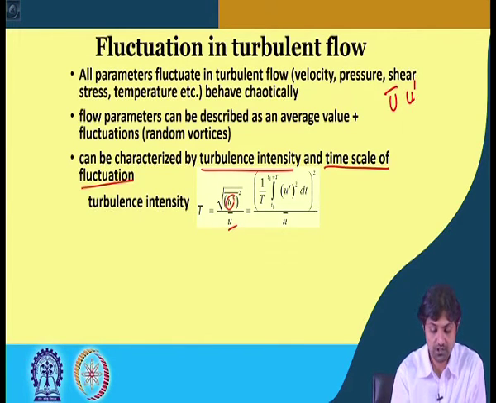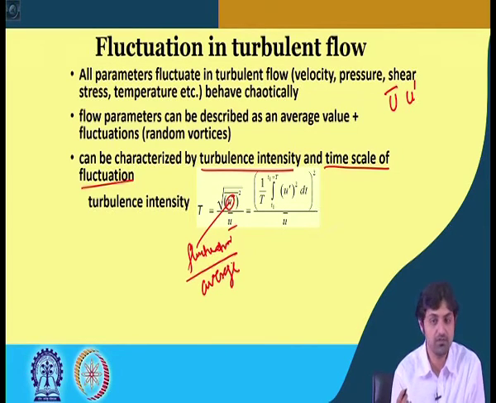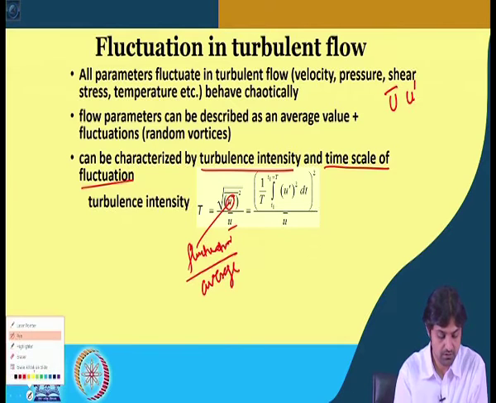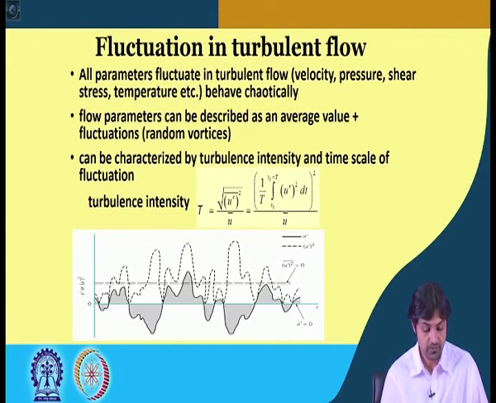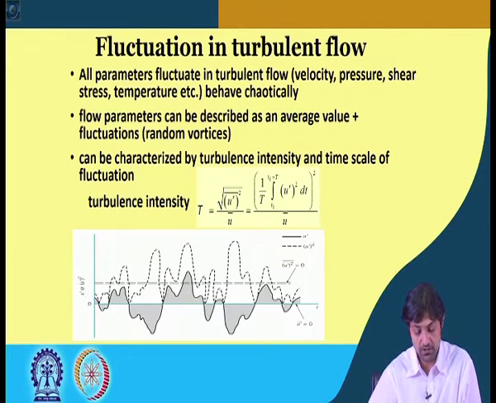So you see here it is the fluctuation by average value. If the fluctuation is too high, the turbulence intensity will be high, because it is fluctuation by average. In terms of time average, this can be written also like this.